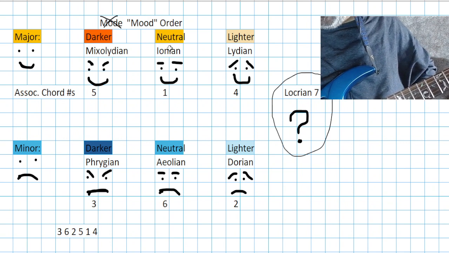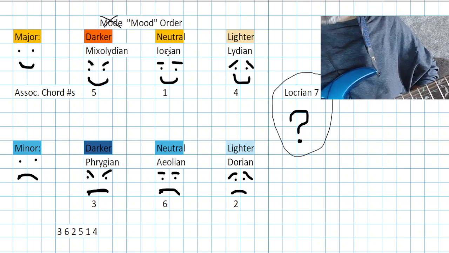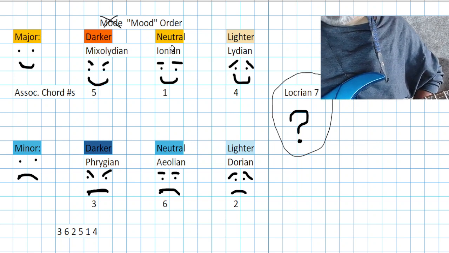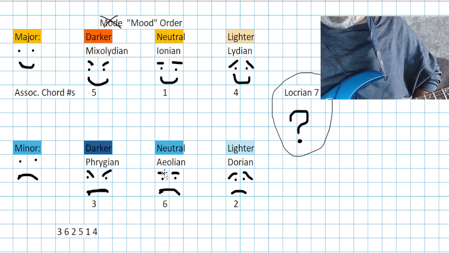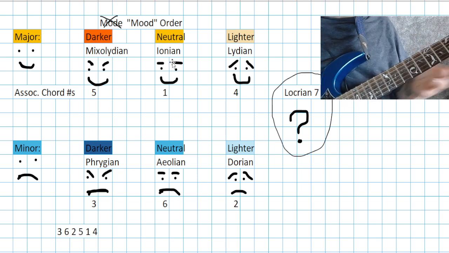Now, because of this similarity, there is a relativity between these modes. So you will very often have heard the relative minor scale. Why is it called the relative minor scale? This is why. Because it is relative to the Ionian, because they're both in the neutral category. Ionian, major. Well, Ionian is major. Well, this is why.